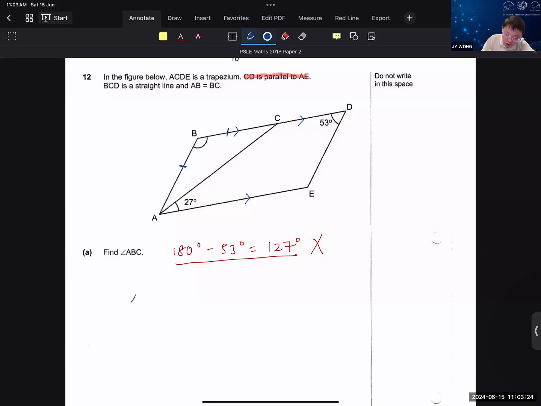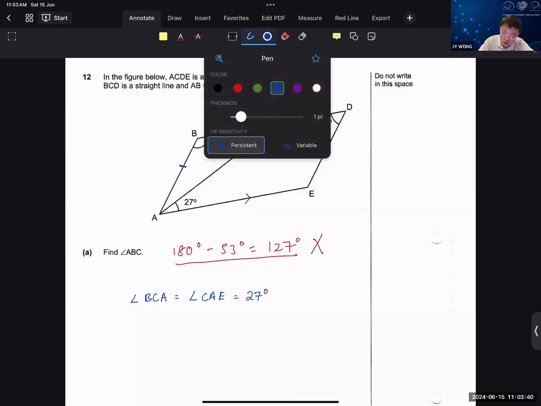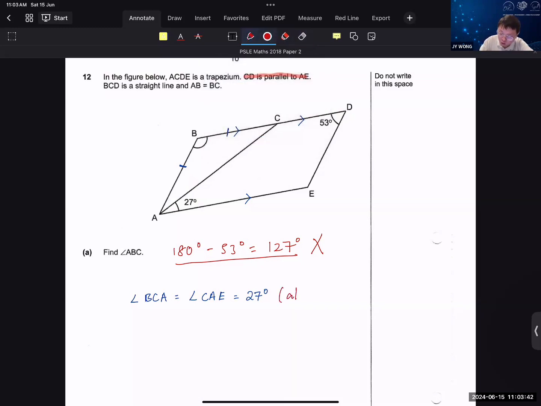So the first thing you should be able to see in this case is that angle BCA is equal to angle CAE equals to 27 degrees. Because, again, I'm going to write the reason, but you don't write in your exam. Alternate angles, BC parallel to AE.